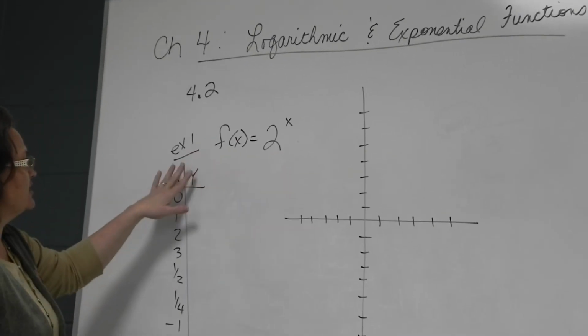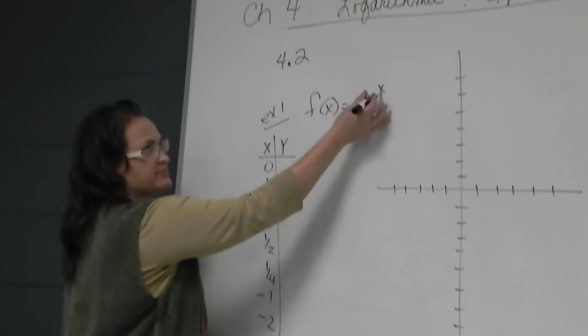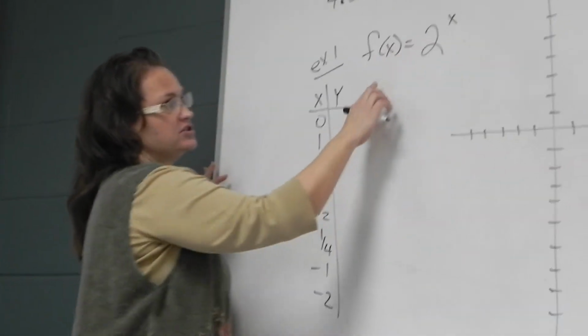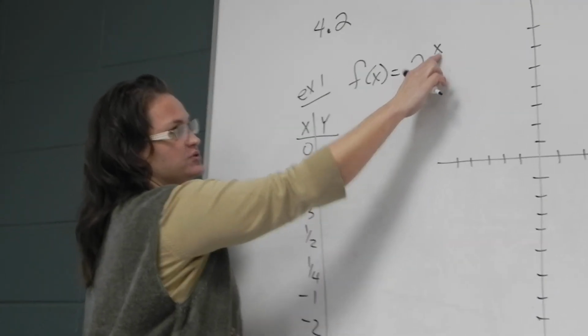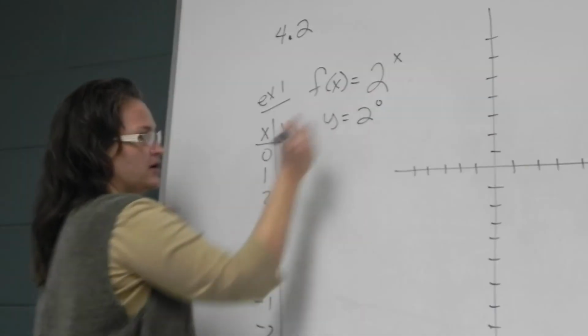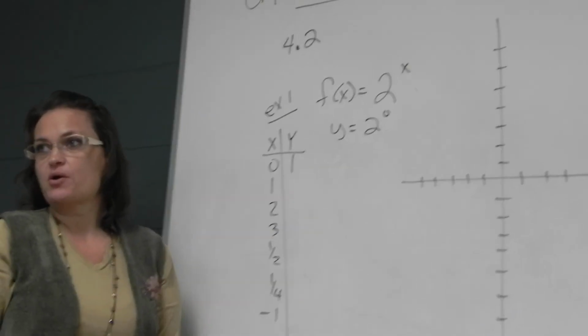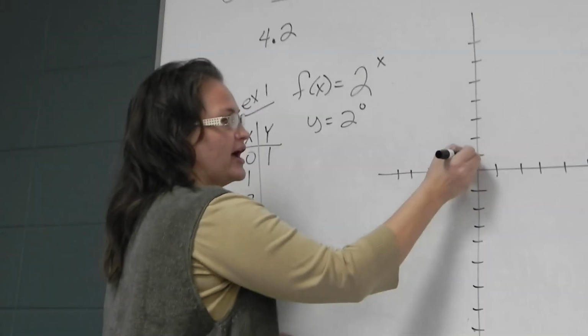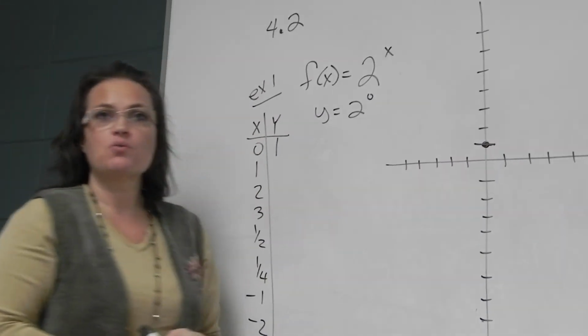But anyway, I want you to think through the t-table, plug in some numbers for x just to get some values. Plug in 0. What did you say for y equals 2 to the 0? It is 1, right? Anything to the 0 is 1. And that's actually the critical point on your exponential graph, the point (0, 1).